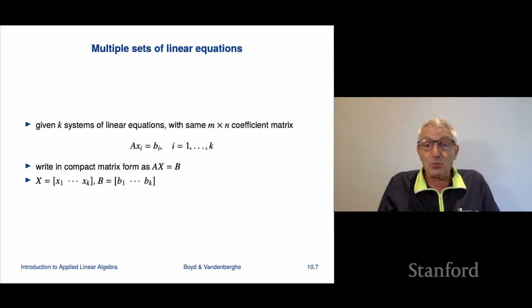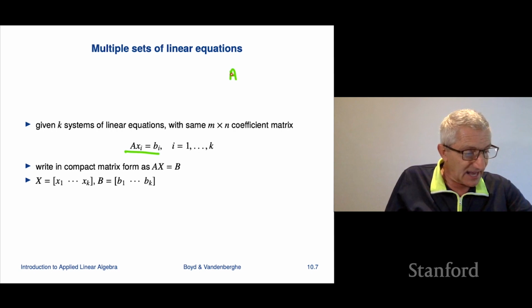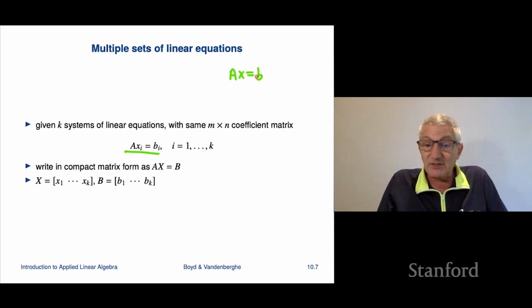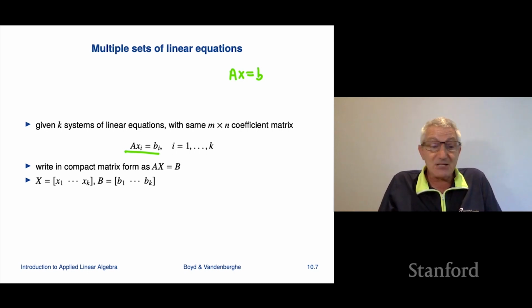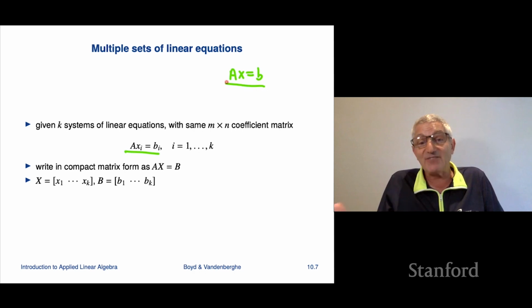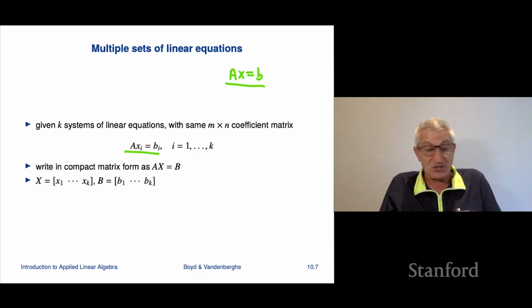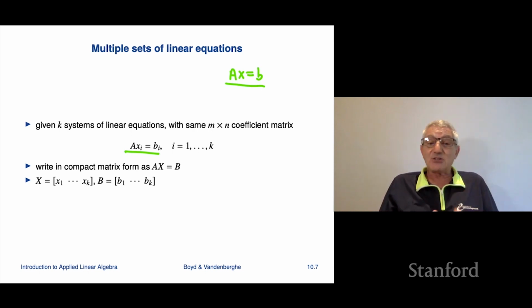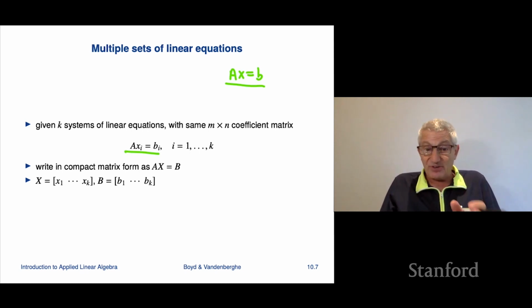As an example, we can represent multiple sets of linear equations with a very compact notation. So remember that a system of linear equations looks like AX equals B. If A is M by N, this is M equations in the N variables, which is X. B has dimension M. But now suppose we have multiple linear equations, with the same coefficient matrix A, but with different right-hand sides, Bi.